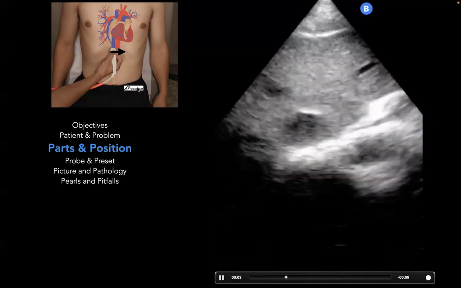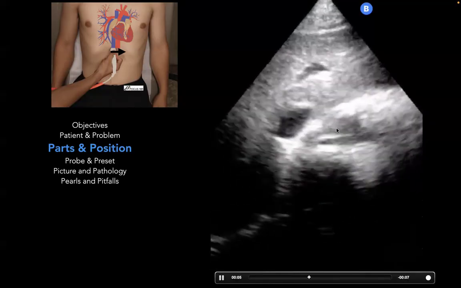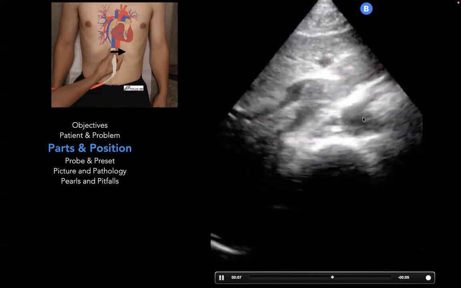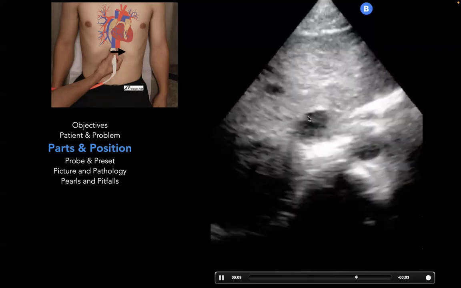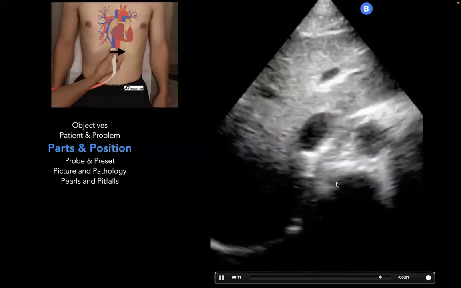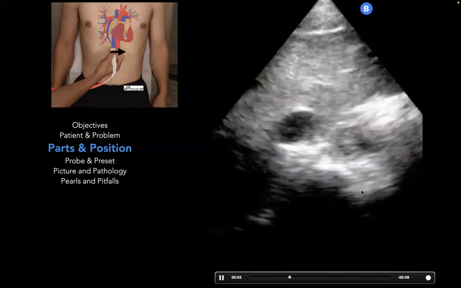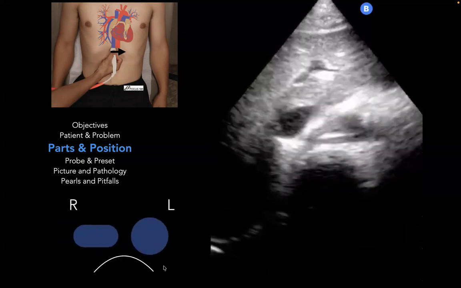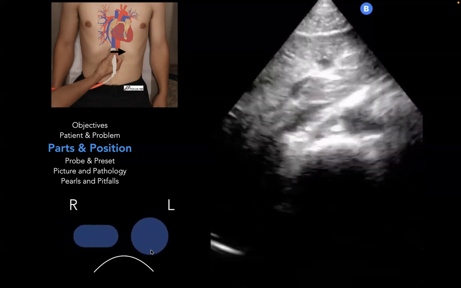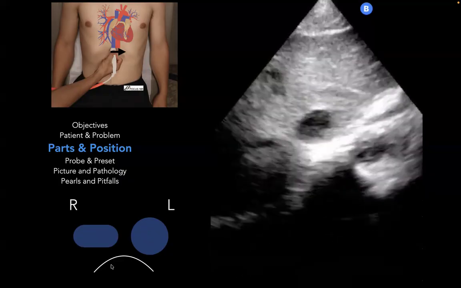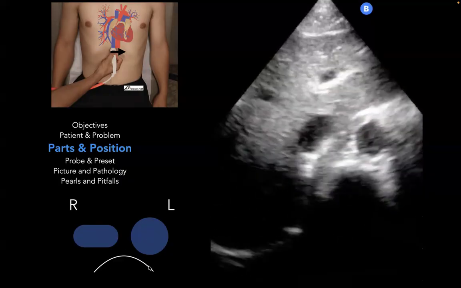Okay, so when you place the probe horizontally, you'll have on the left the abdominal aorta, on the right you have the IVC, and over here you have the spine. And so it almost looks like a frowny face. When I talk to new learners about POCUS, I always tell them to look for the frowny face.